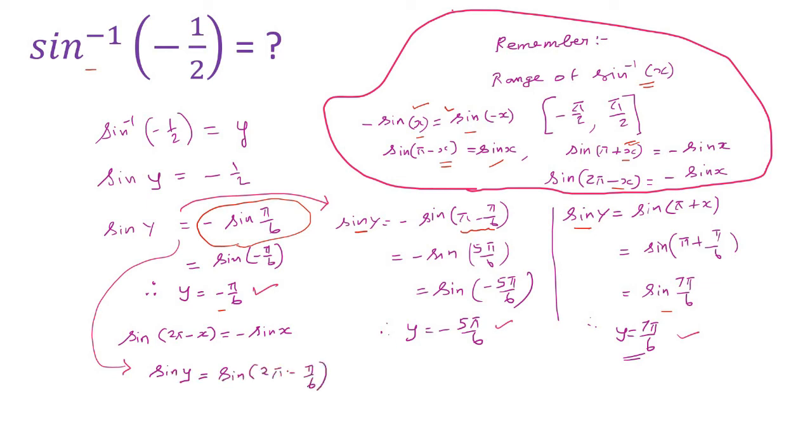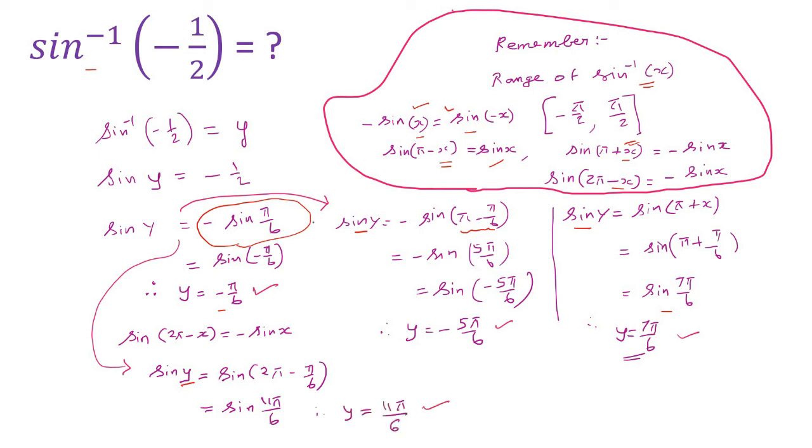Now you can simplify this. 2 pi minus pi by 6 is nothing but 12 pi minus pi by 6, that is 11 pi by 6. So here you have sine y, here you have sine 11 pi by 6, so y is equal to 11 pi by 6.